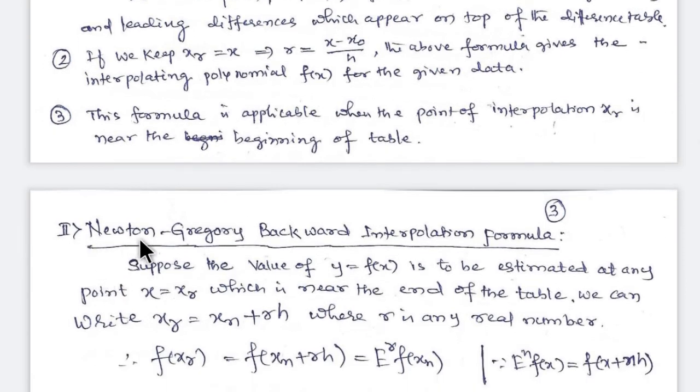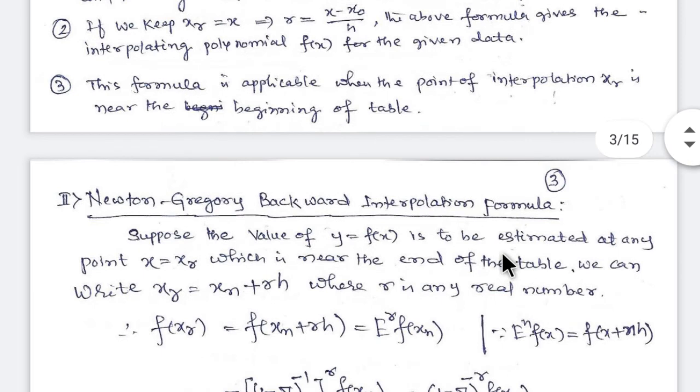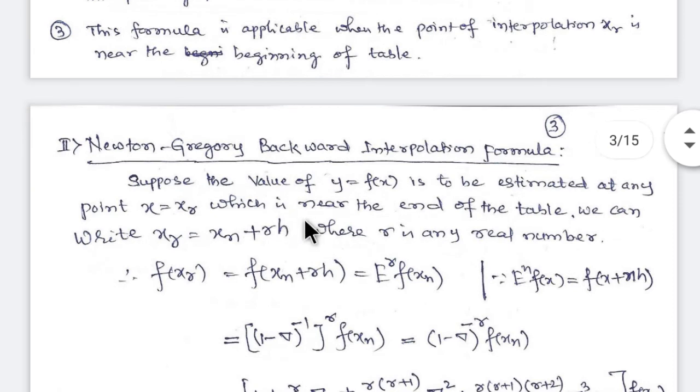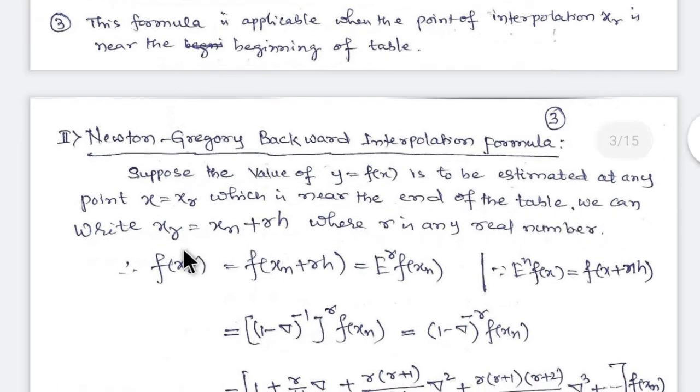Second one, Newton-Gregory backward interpolation formula. Suppose the value of y equal to f(x) is to be estimated at any point x equal to xr, which is near the end of the table. If the value x equal to xr is near the end of the table, we can write xr equal to xn plus rh.